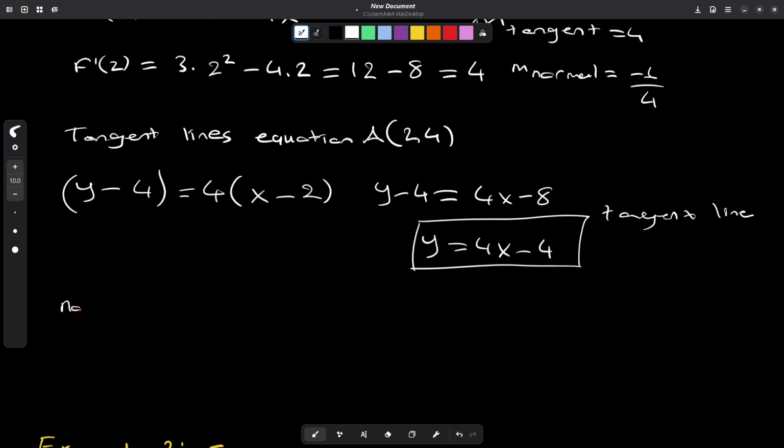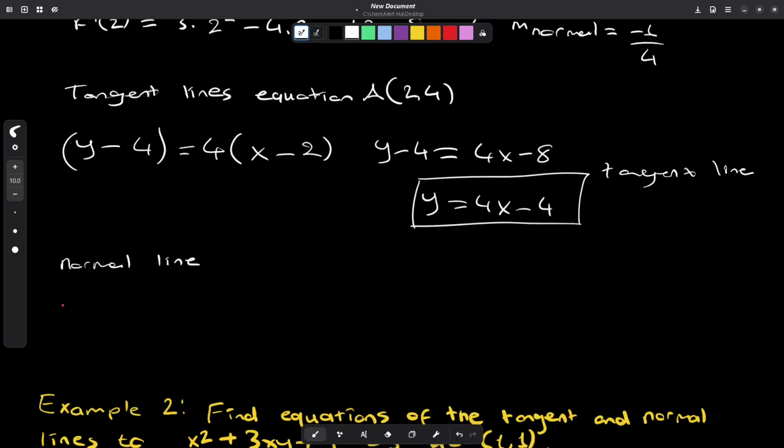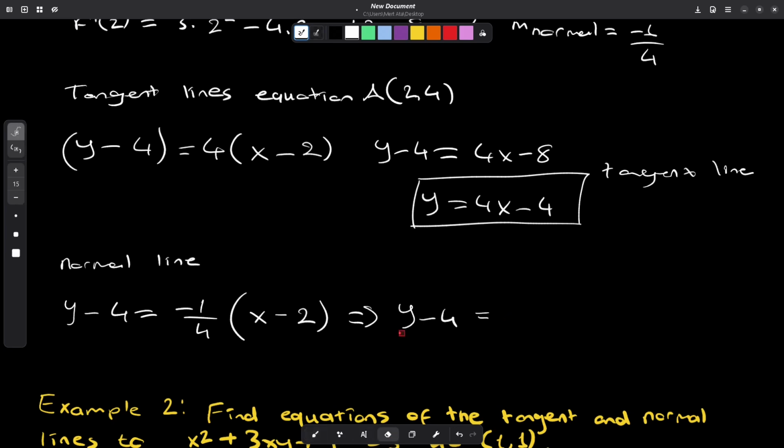For the normal line, it's the same point, it's just the slope is different. Y minus 4 is equal to -1 over 4 multiplied with x minus 2. Some algebra, let's multiply every side with -4 or 4. 4y minus 16 is equal to 2 minus x.